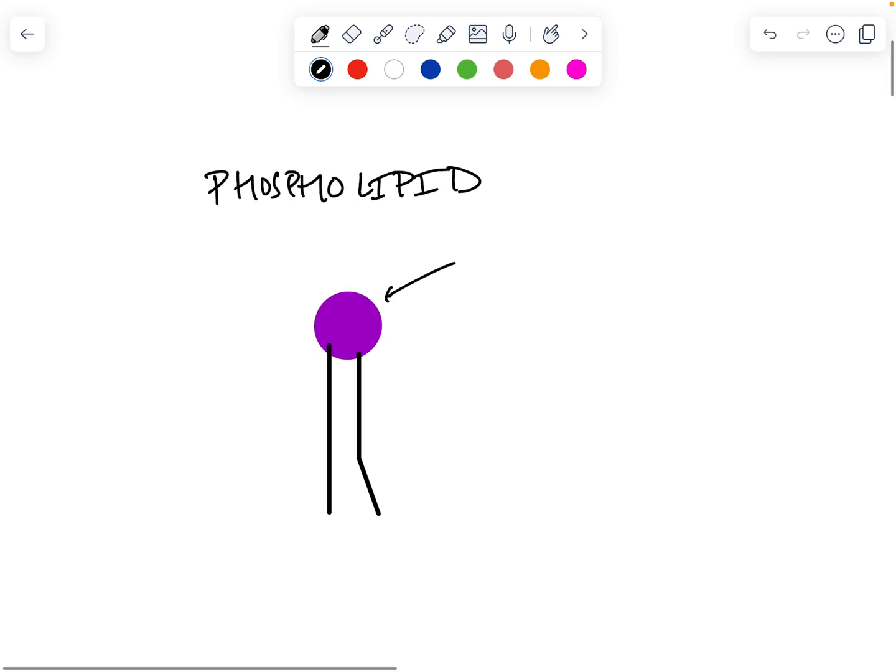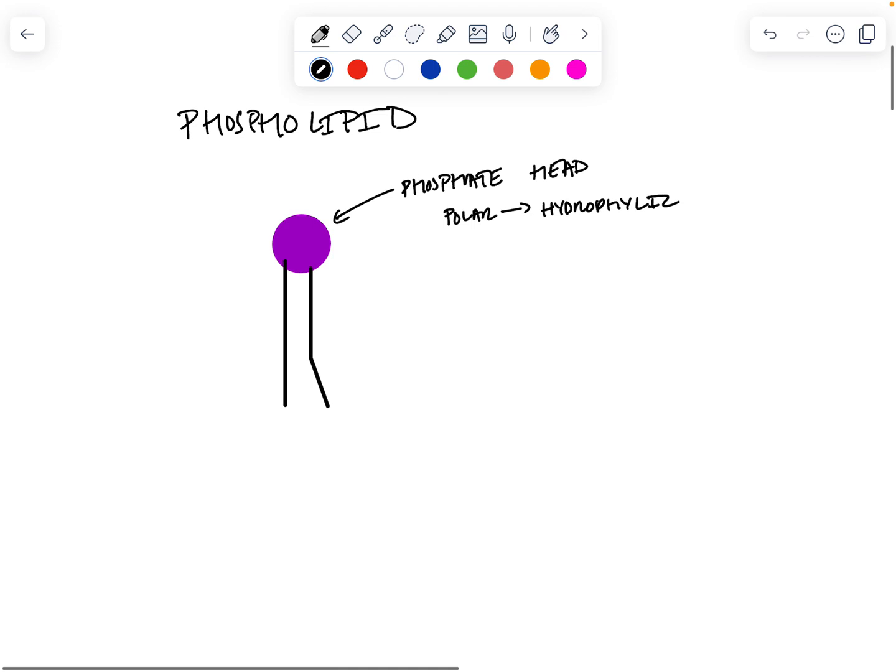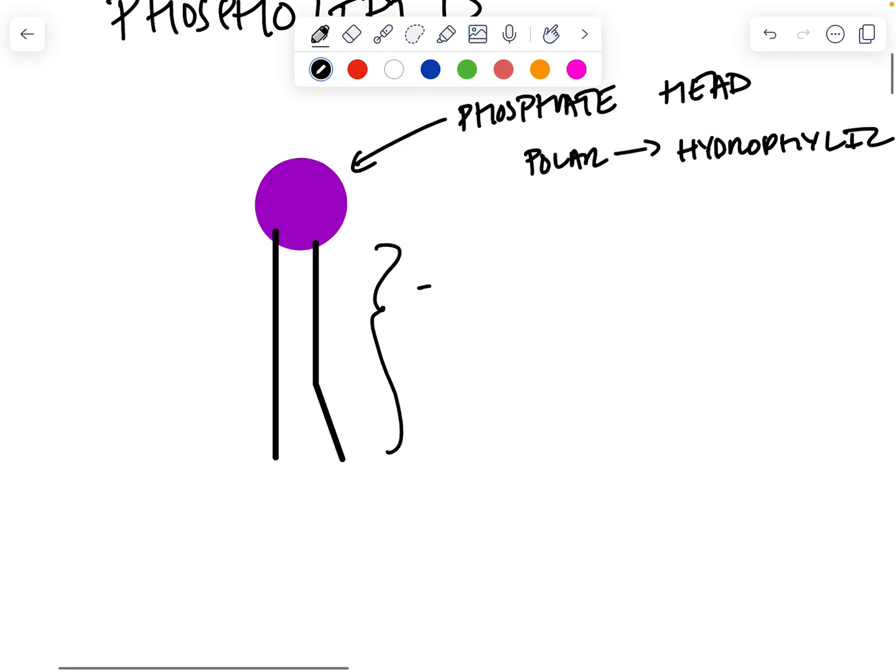One region is the phosphate head. This region is very polar, and as a result, it's really hydrophilic. It loves water. The other region of the phospholipid is composed of two fatty acid tails.